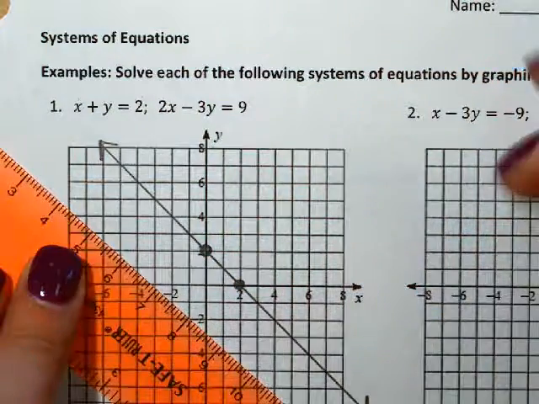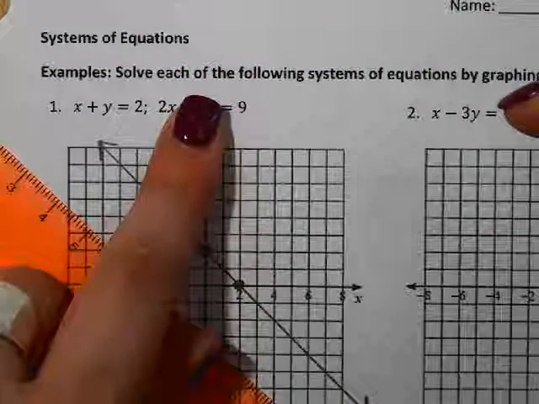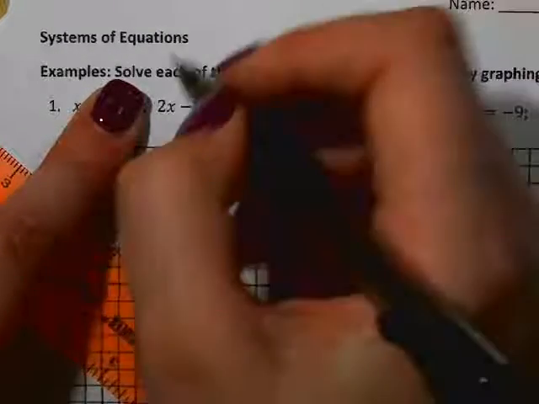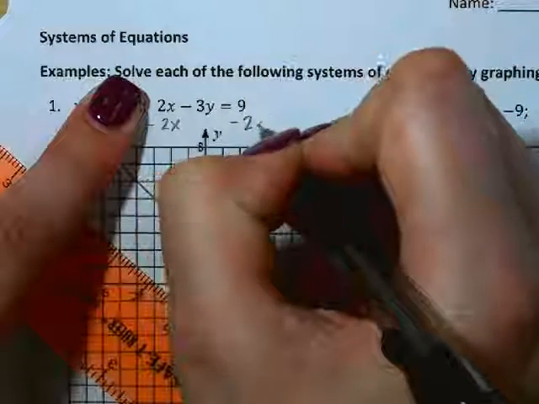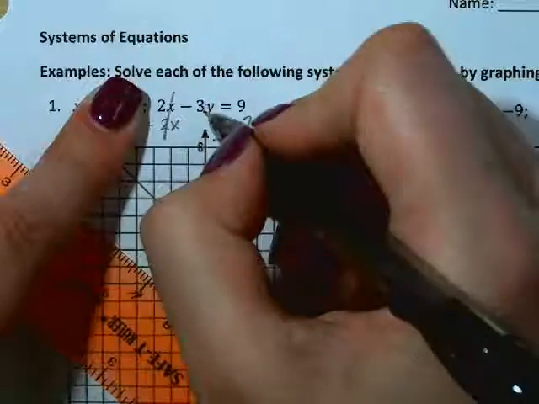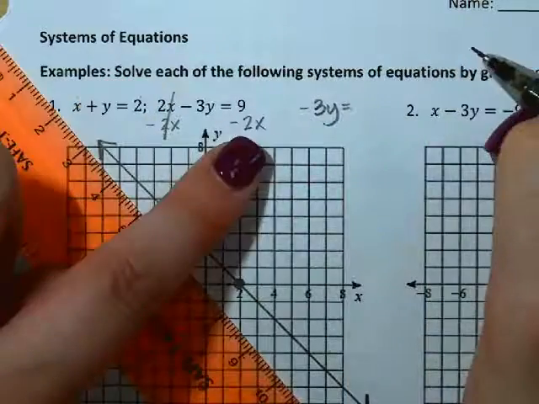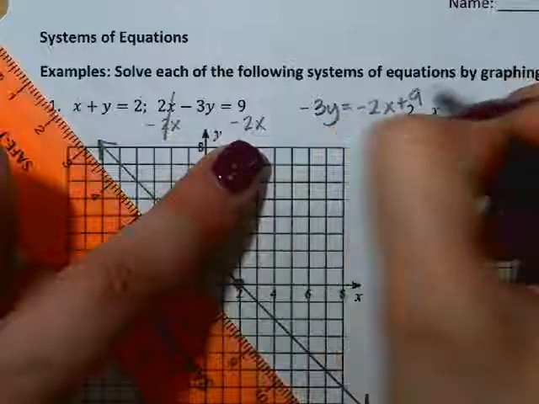With the other one, the cover-up method doesn't work as well because we're going to have a fraction there. So I'll go ahead and solve for y. So I'm going to minus the 2x over to the other side. So that gives me negative 3y equals negative 2x plus 9.